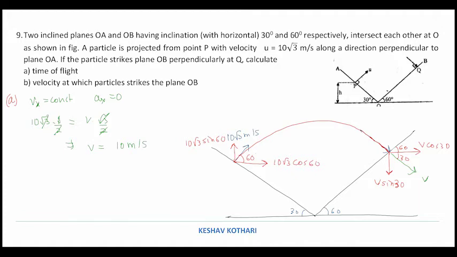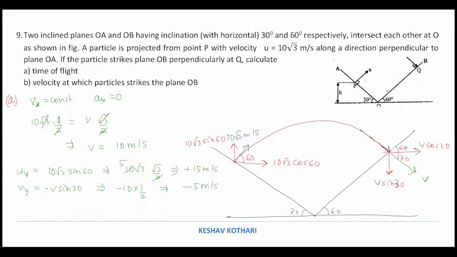Now we solve for the time of flight. The initial velocity along the y-axis is 10 root 3 sin 60 degree. With sin 60 degree as root 3 by 2, it is plus 15 meter per second. The final velocity along the y-axis is v sin 30 in the downward direction, so we write it as minus 10 into half, that is minus 5 meter per second.